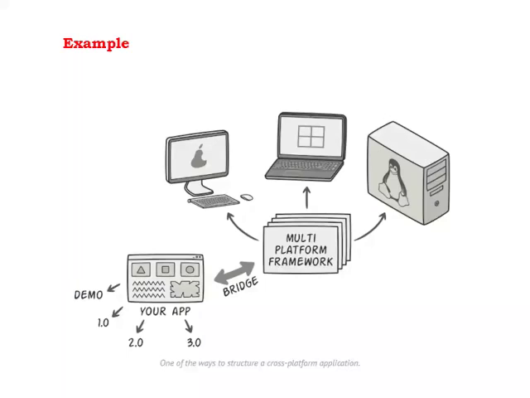Now our app which we have developed has to be able to run on these three different operating systems. So here a multi-platform framework is there. That means whenever we want to open the application in Apple, we have to change the code.